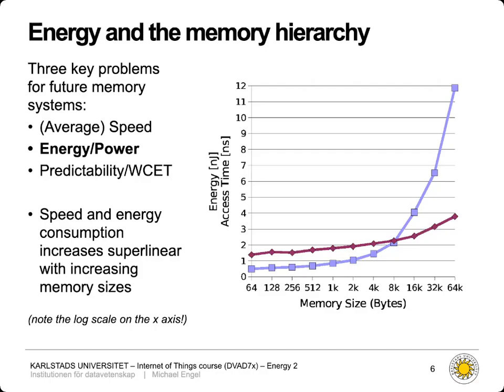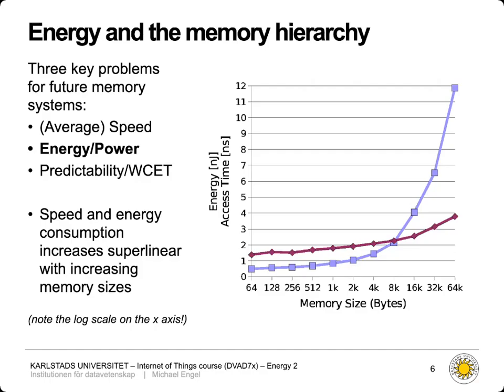Energy and power, of course, we're talking about this at the moment, are the other key problem for future memory systems in computers. And finally, memory systems can take variable time to access. For example, in DRAMs, you can have things like a refresh of memory information. And if this refresh happens while you're trying to access the memory, then your memory access has to wait.